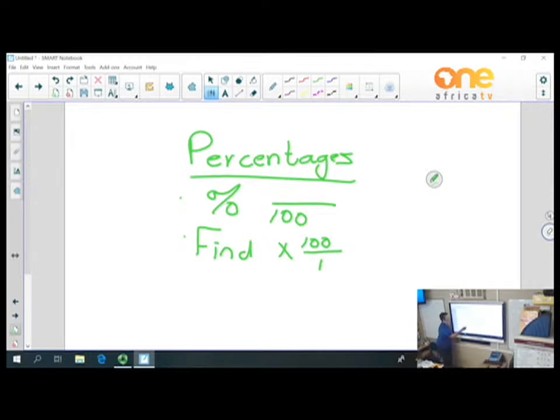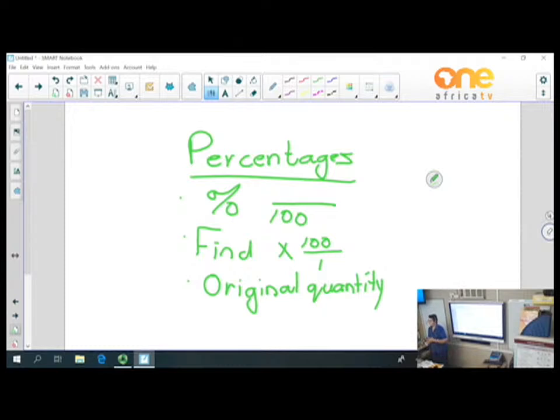Then we're also going to do finding the original quantity. Original quantities. Now to find the original quantity, this is reverse. They also call it reverse percentages. So that means I'm taking you all out to Casa Forno and we're going to eat pizzas tonight.